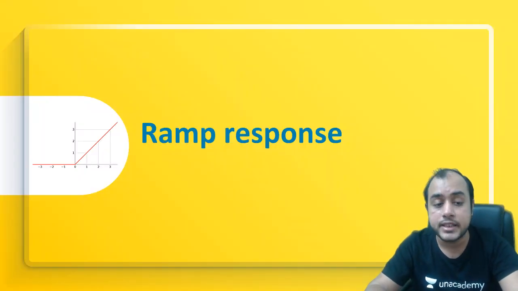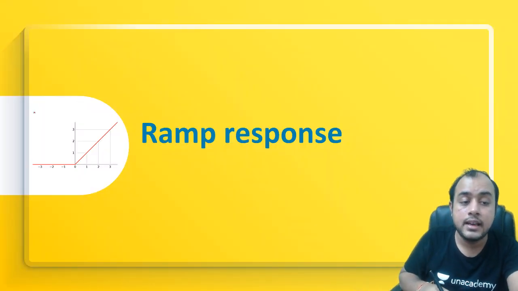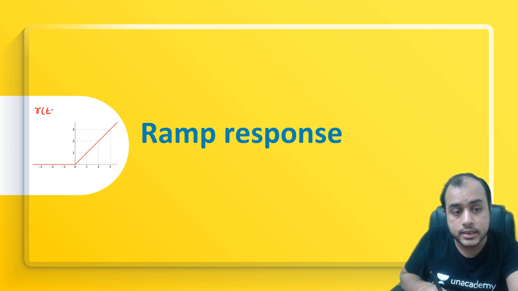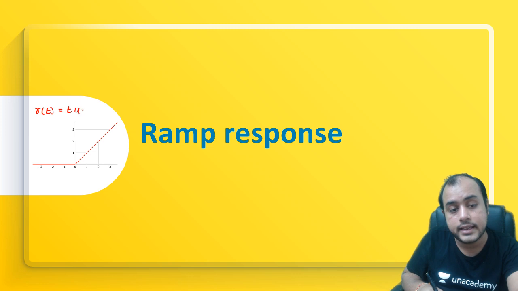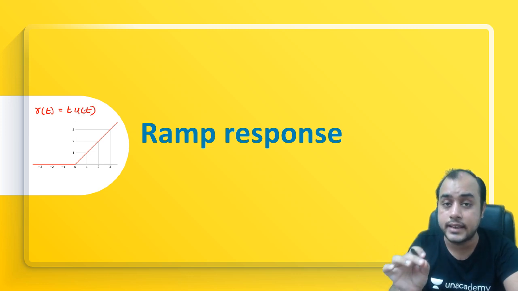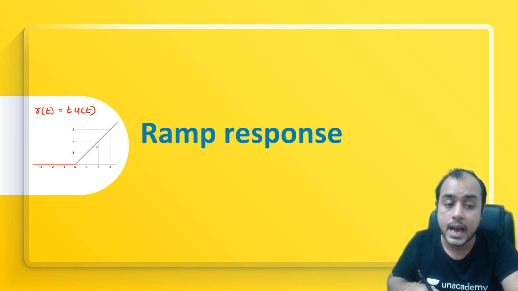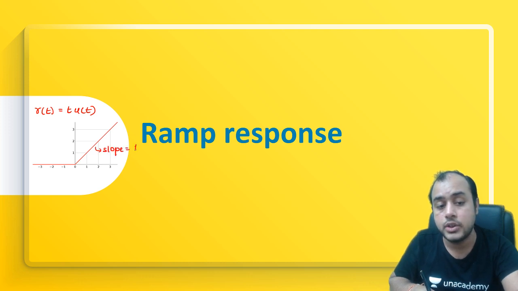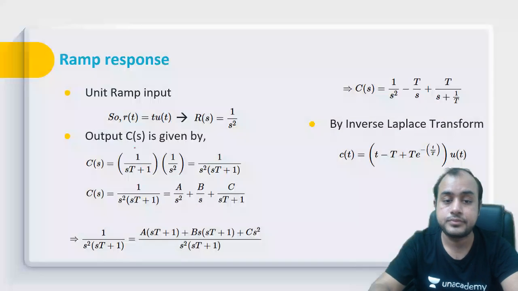Next is the ramp response. Ramp means a function of the sort t u(t). That is, it exists at t greater than 0 and it is a ramp function, where the slope is unity. Okay.